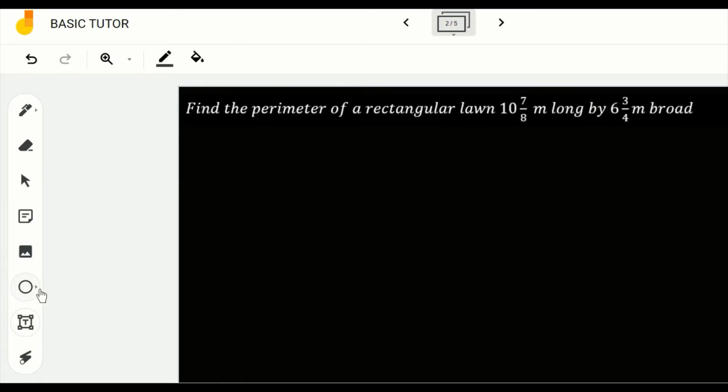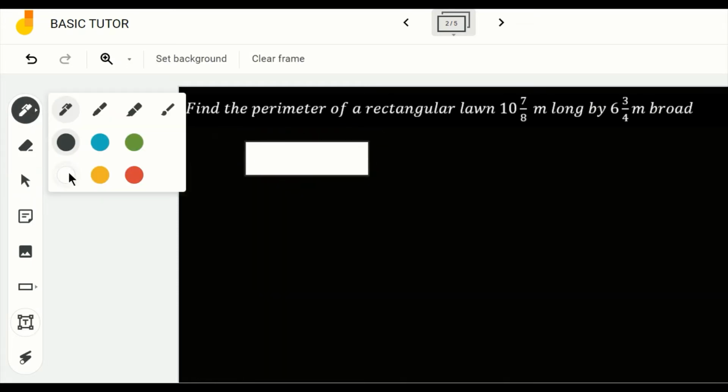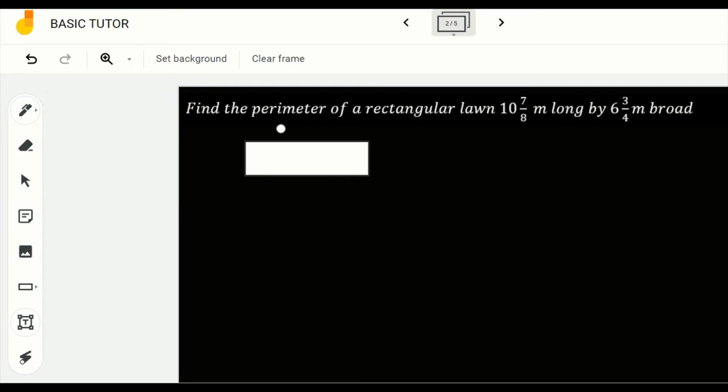I will try to visualize this rectangular lawn. So here is my rectangular lawn. It is 10 7/8 meters long. That is the length of the rectangular lawn, and it is 6 3/4 meters broad.